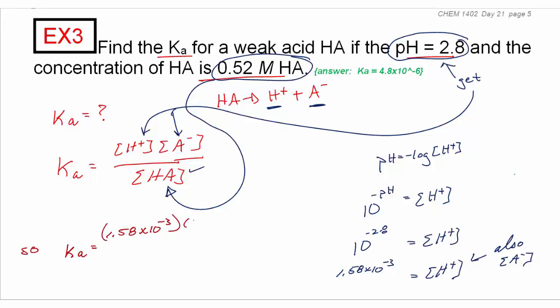A minus is 1.58 times 10 to the negative 3. Concentration of HA was 0.52. So what do we get? Squared divided by 0.52, about 4.83 times 10 to the negative 6. That's my Ka.